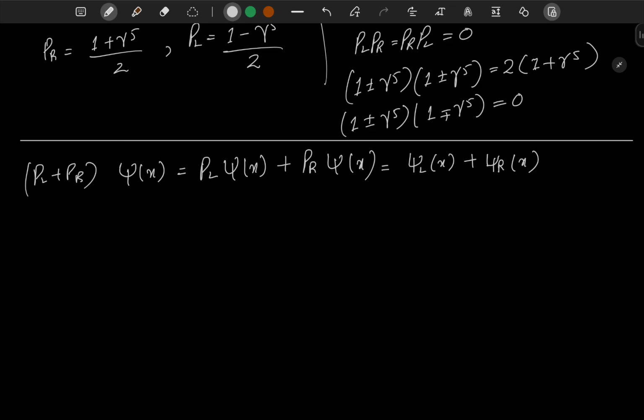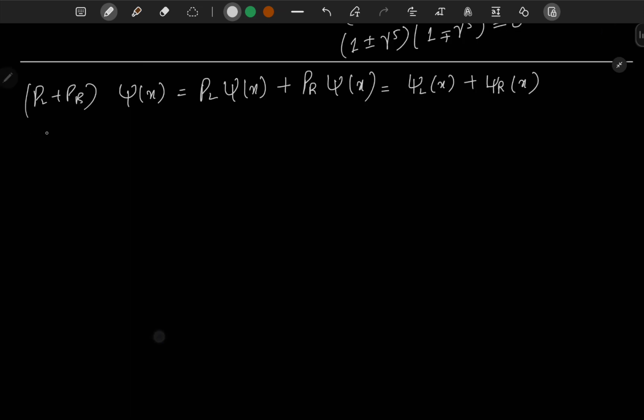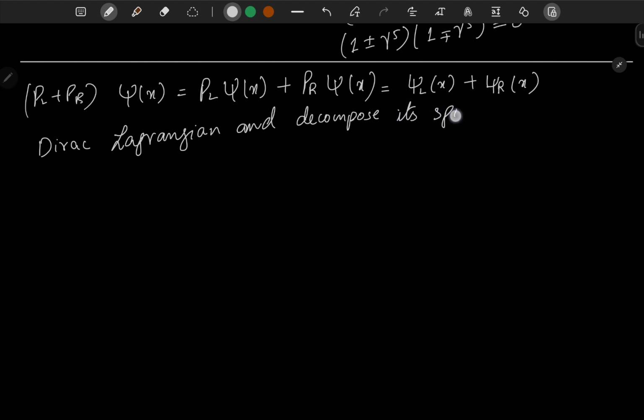Okay. So now we are taking the Dirac Lagrangian and we will decompose its spinor into left and right chiral components.